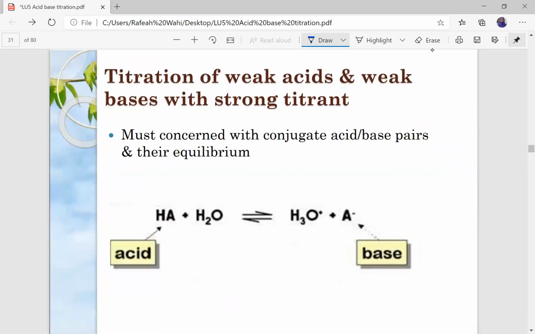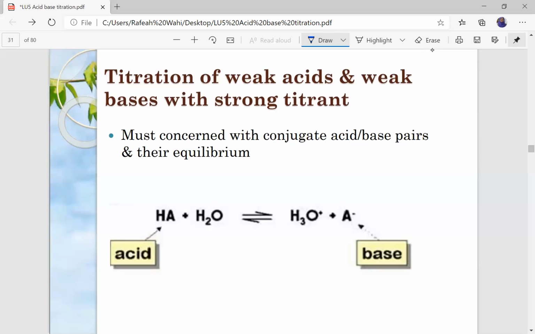Okay, now let's take a look at the second type of titration between acid and base. Now we have titration of weak acid and weak base with strong titrant.